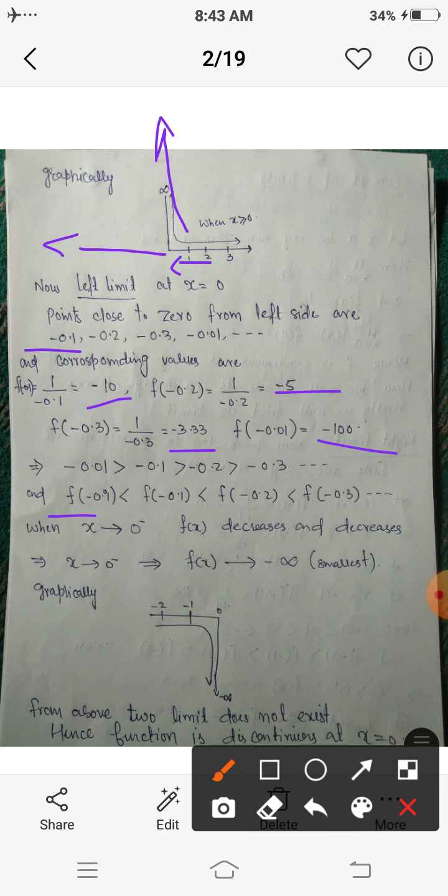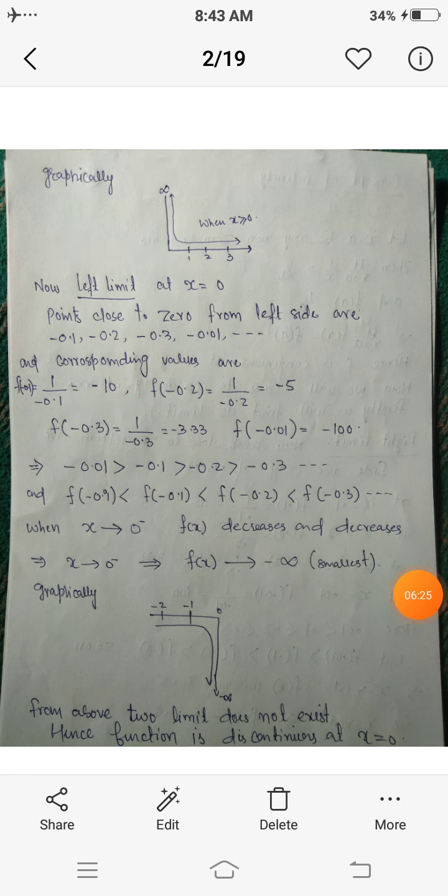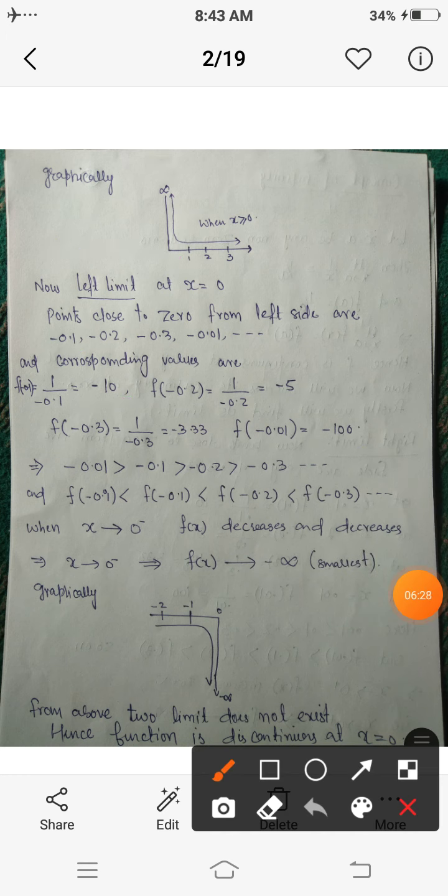So this means that when we are approaching 0 from the right and left side, the graph is like this. When we are approaching 0 from this side, which means x tends to 0 negative, the value of f(x) is negative and becomes lesser and lesser. That is, when we are approaching 0 from the left side, the value of f(x) becomes much less than the previous one.